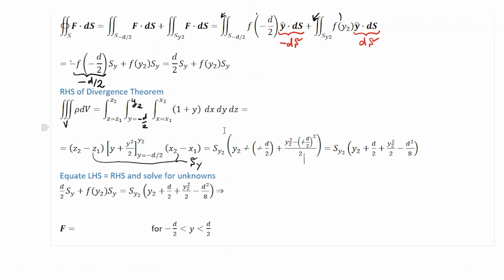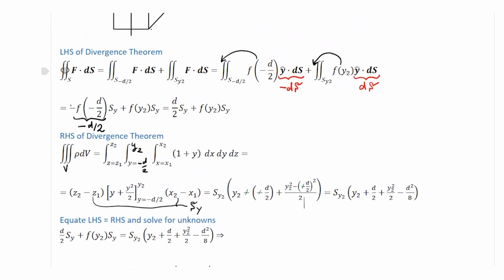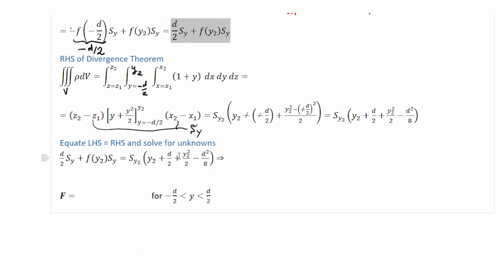Now let's solve for F of y2 by equating the left-hand side and right-hand side of the divergence theorem. The left-hand side, which is the flux integral, is this, which I copied over here. And the right side is this, which I copied from here. By the way, in the final version of the notes, I'm going to remove this subscript. Okay, so I've equated the two things.